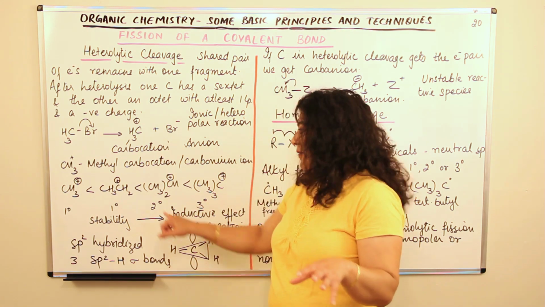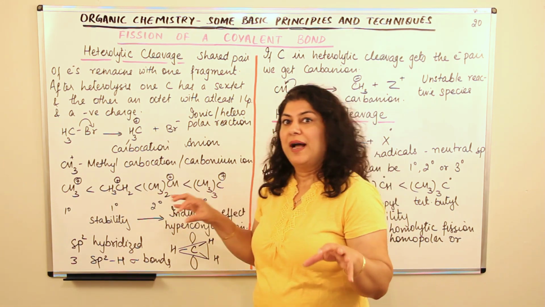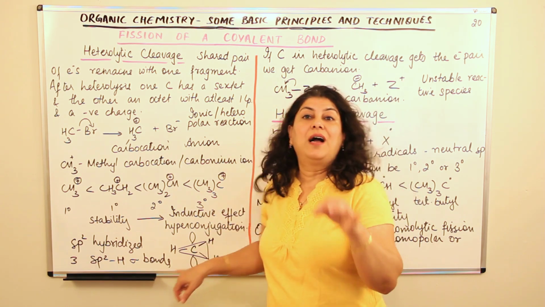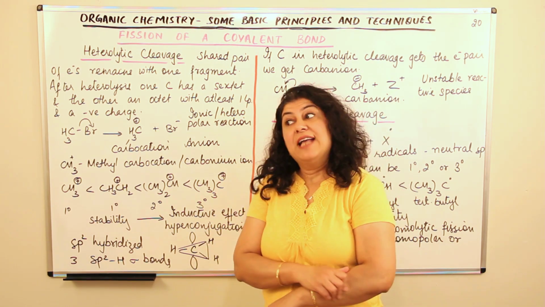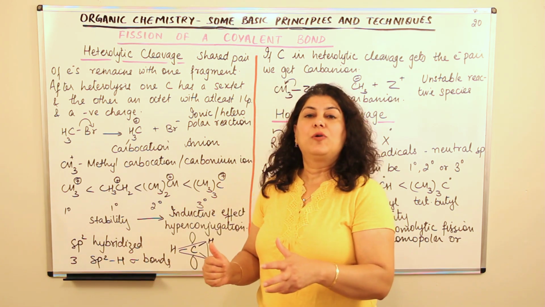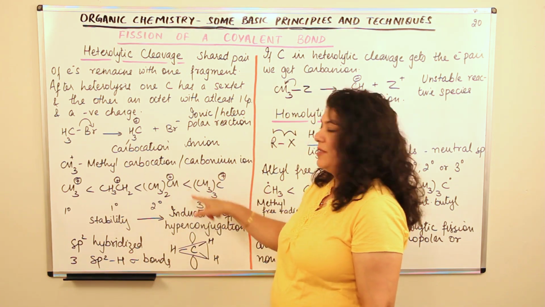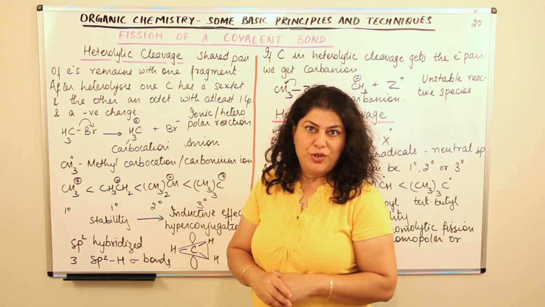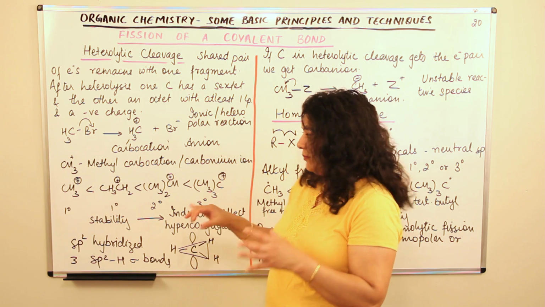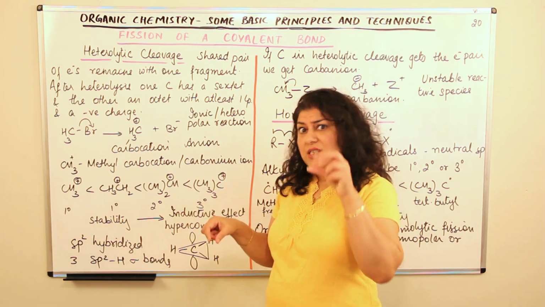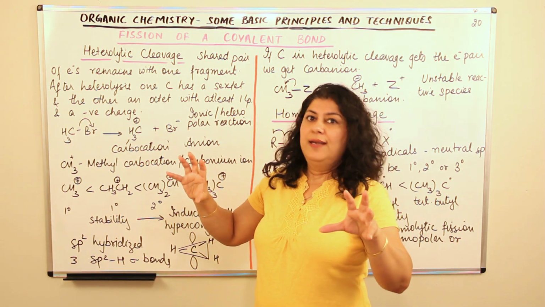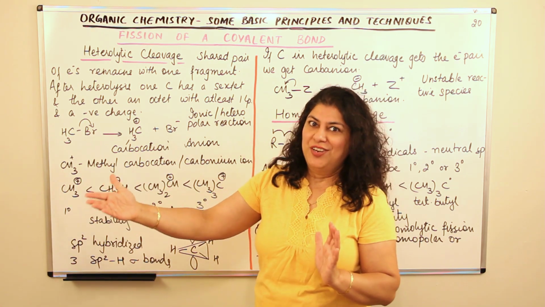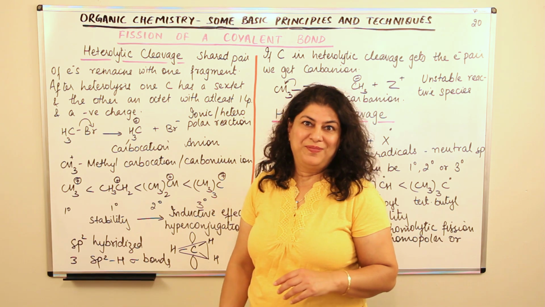So the greater the number of carbon atoms or methyl groups, the greater is the inductive effect, and the greater is the hyperconjugation effect. And the more the inductive effect and hyperconjugation effect, the better is the carbocation, or more stable, or more chances of its formation. And once it is formed, a cation is an ion, and the next step would be an ionic reaction, which would be much faster.